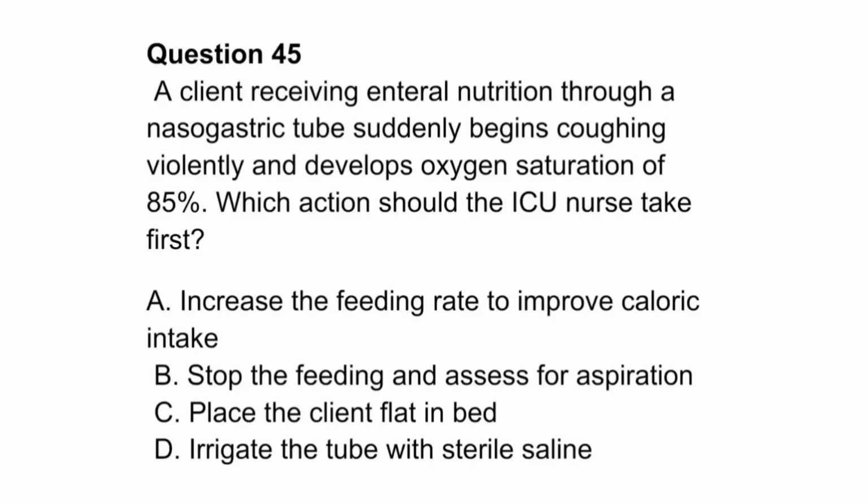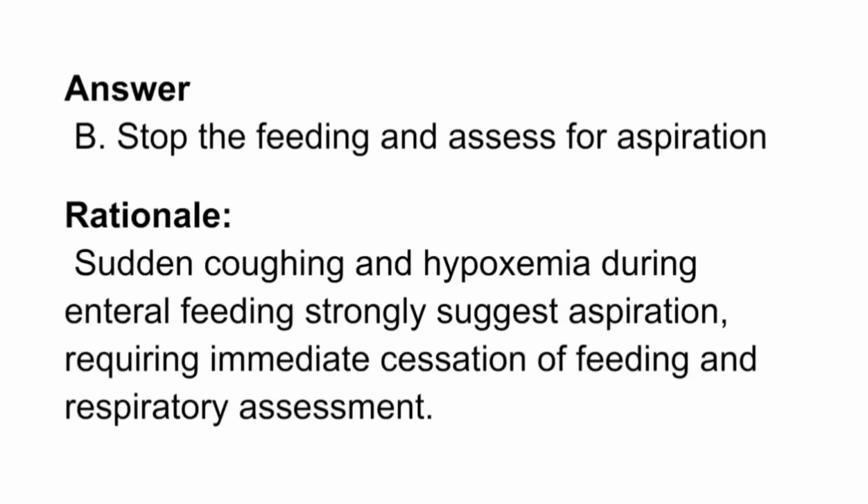C. Place the client flat in bed. D. Irrigate the tube with sterile saline. Answer: B. Stop the feeding and assess for aspiration. Rationale: sudden coughing and hypoxemia during enteral feeding strongly suggest aspiration, requiring immediate cessation of feeding and respiratory assessment.